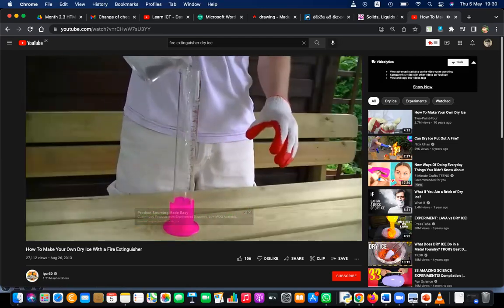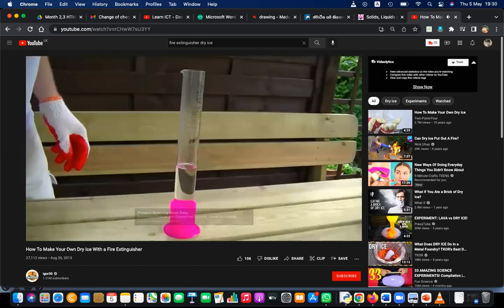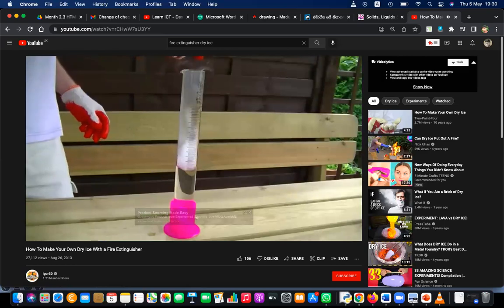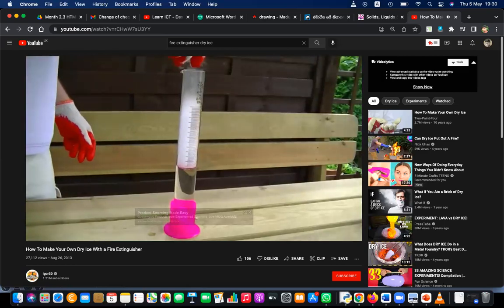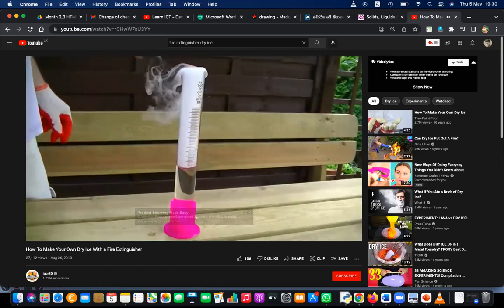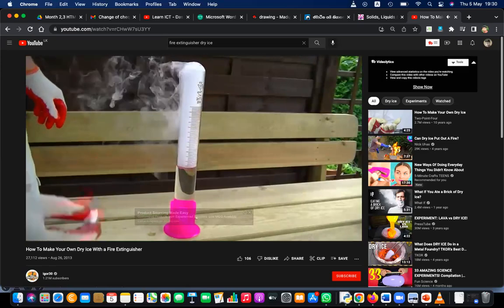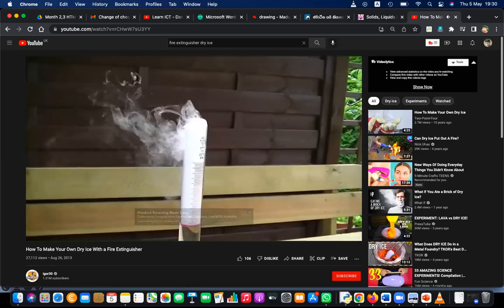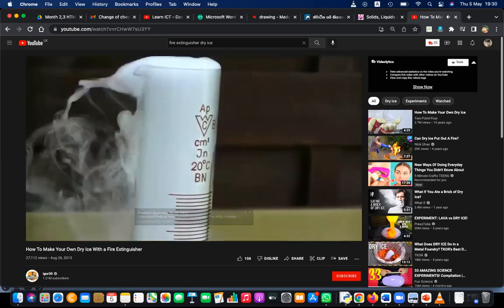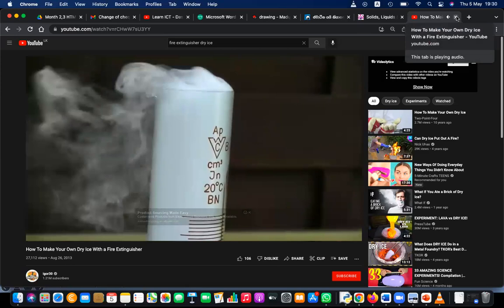Okay, they are putting water, and after putting water, you can see the process is faster. That is what sublimation is, right? I hope it's clear now.